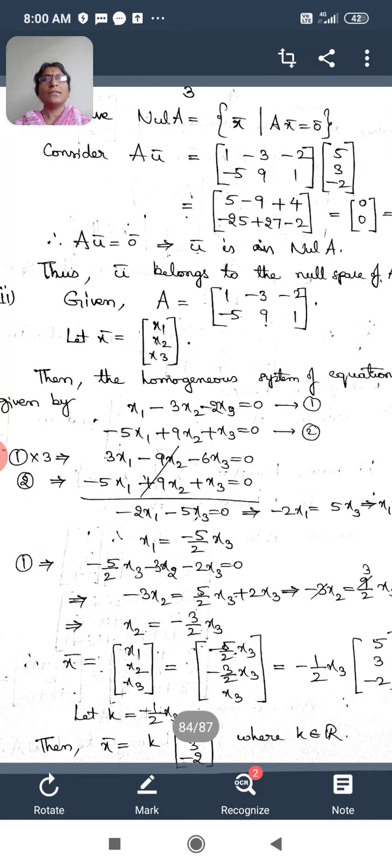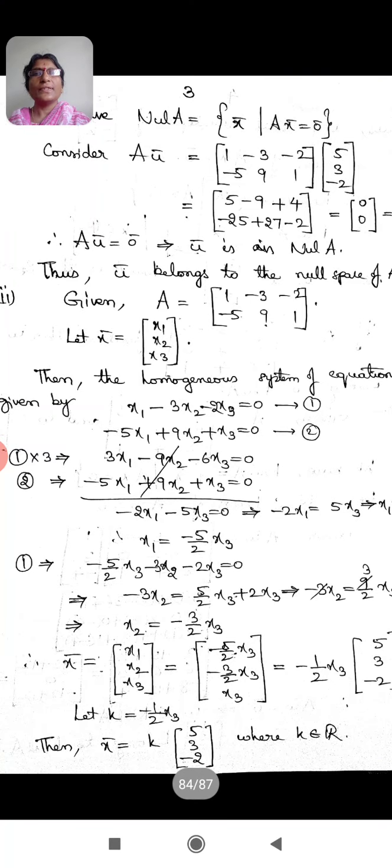Now consider A u bar. Why am I considering A u bar? Because I want to see whether this column vector which is given to us is a solution, whether it belongs to the set null A, whether it is a solution of the matrix equation A x bar is equal to 0 bar.